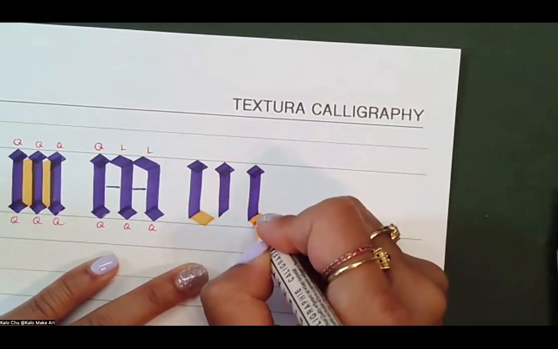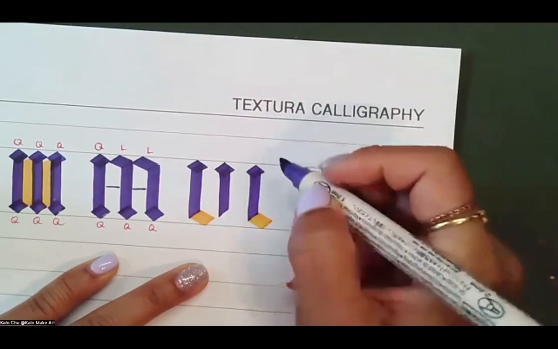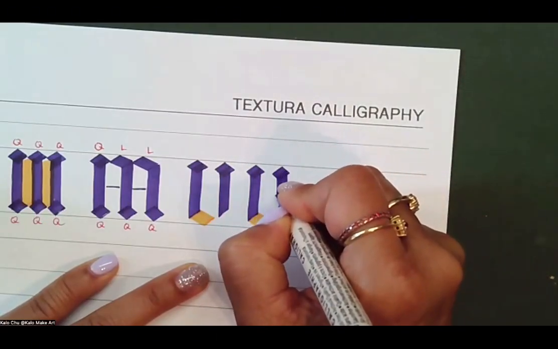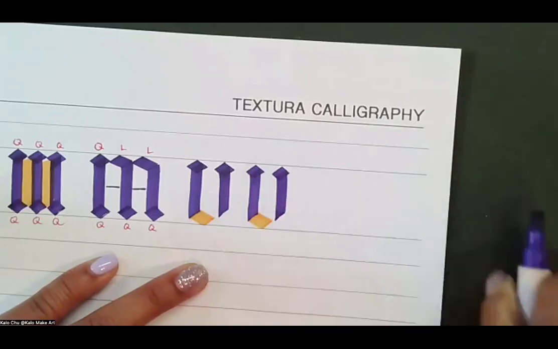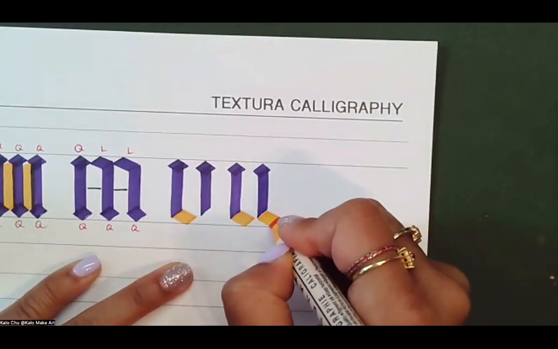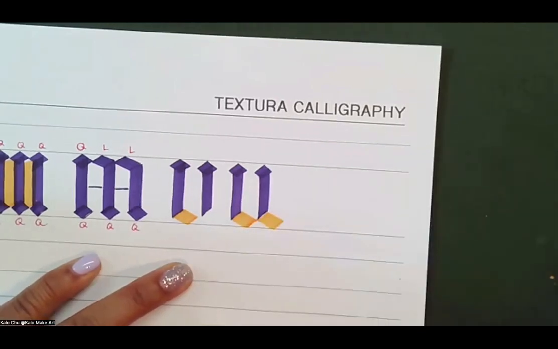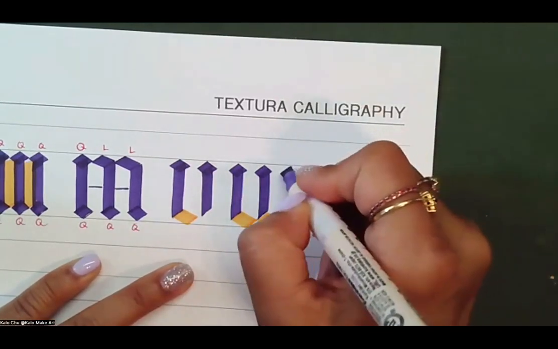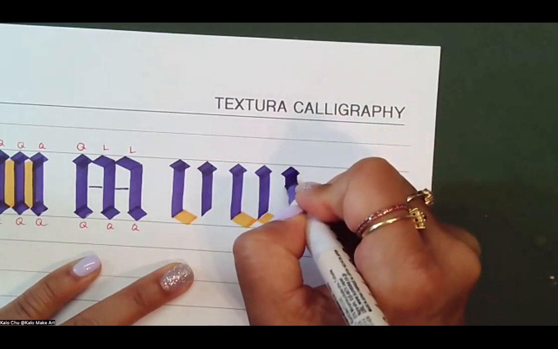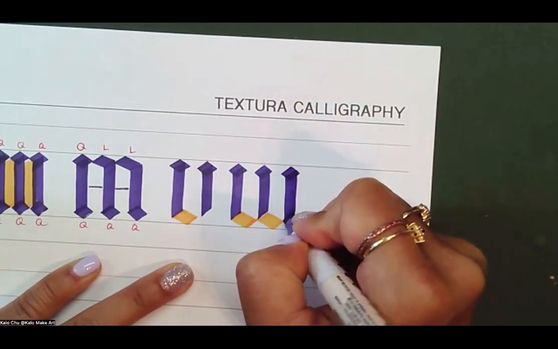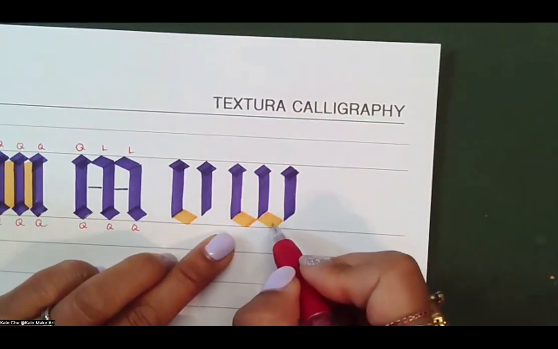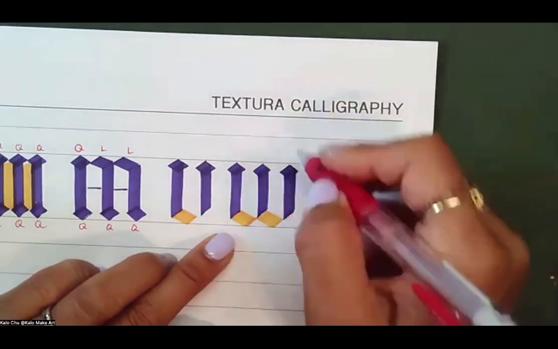So this is a lozenge. Then I do the quadrant, the square diamond on top. So you can see that by opening the base, now you have a W, right?